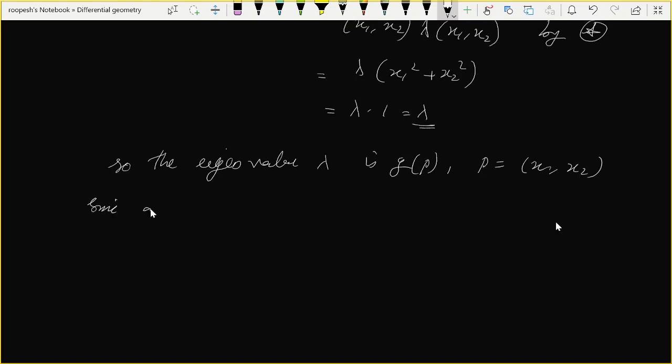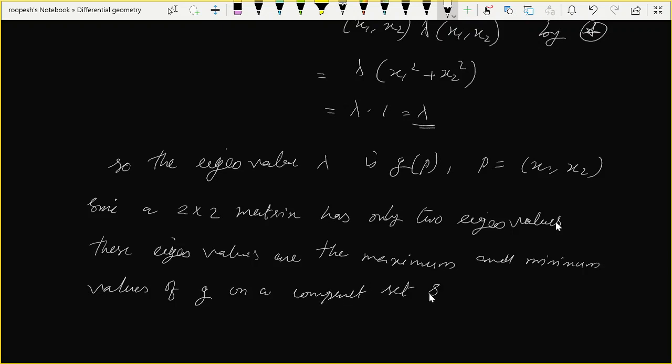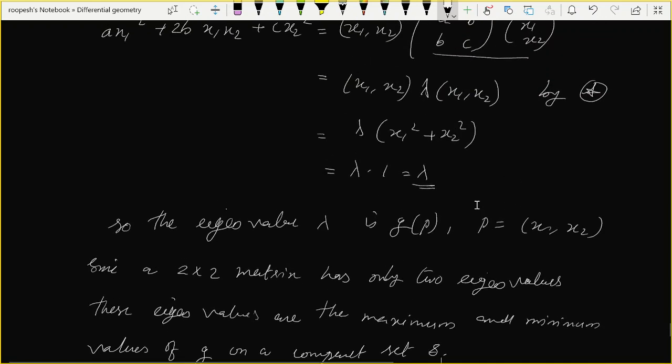Since a 2 by 2 matrix has only two eigenvalues, these eigenvalues are the maximum and minimum values of G on a compact set S. So the eigenvalue lambda is G of P itself, right?